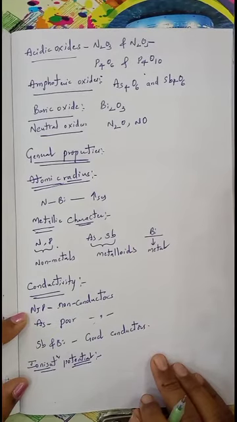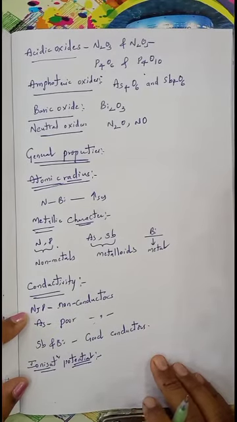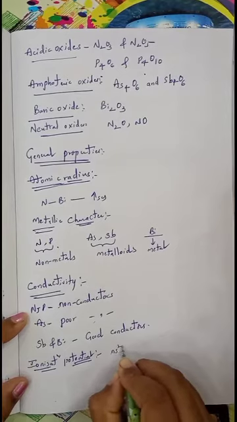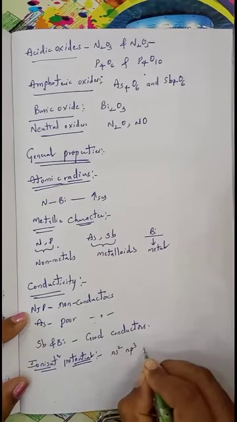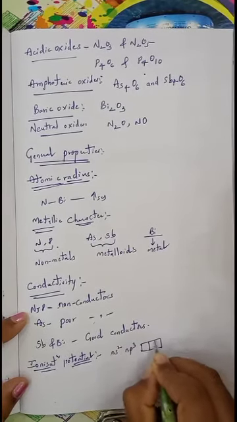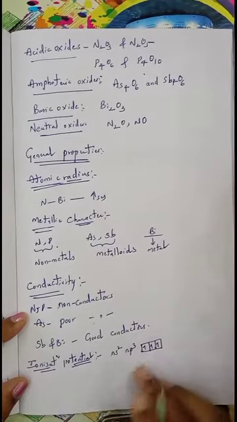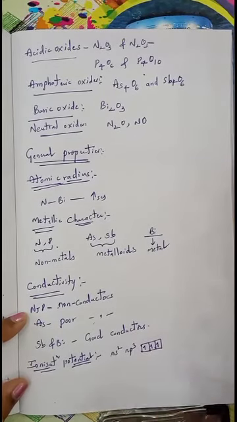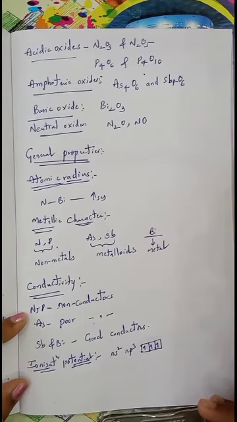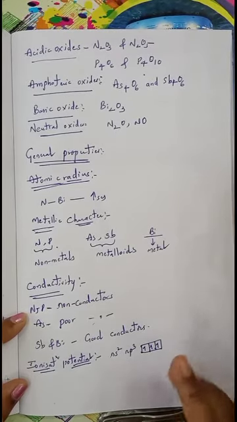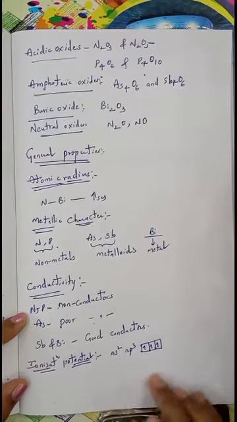This is due to half-filled capacity. The electronic configuration of these group elements is ns2 np3, which means the np orbital has 3 electrons, half-filled in the p orbital. As we know, an element with a half-filled or completely filled configuration is highly stable. So these group elements are highly stable.